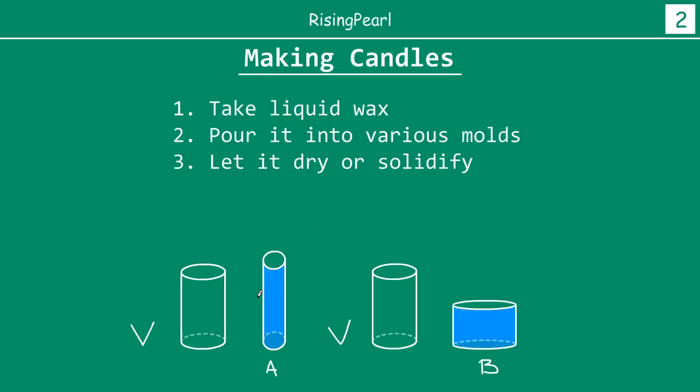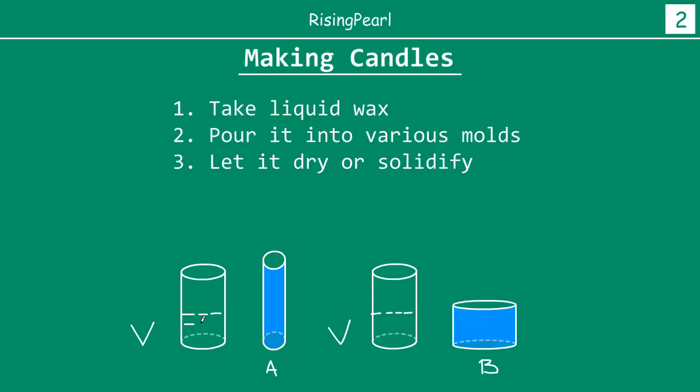Now, friends, in mold A, the liquid wax is filled in this form, and if we let it solidify, we'll get a candle like this. In mold B, if we let it solidify, we are going to get a candle like this. If you look at each of these cases separately, what is very important to note is that the initial volume of liquid that we started off with was somewhere over here, and again the same thing over here.